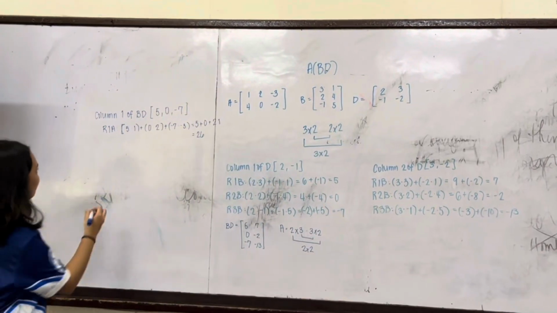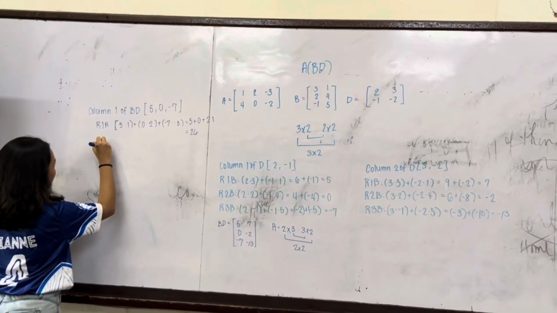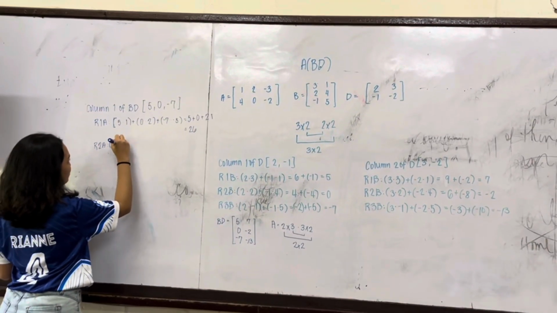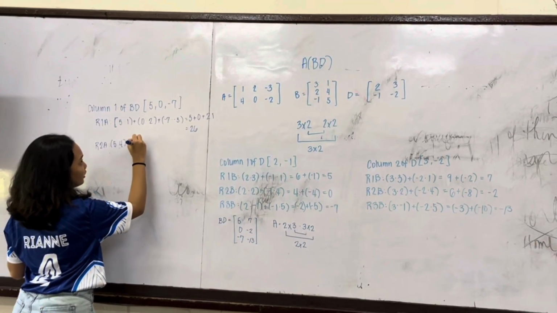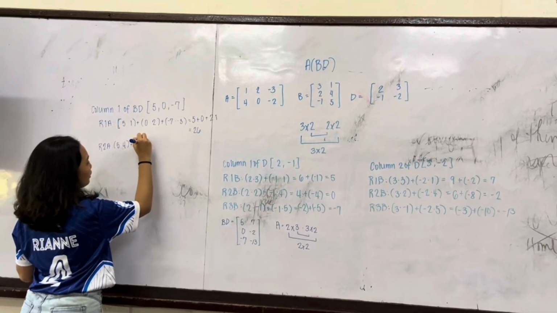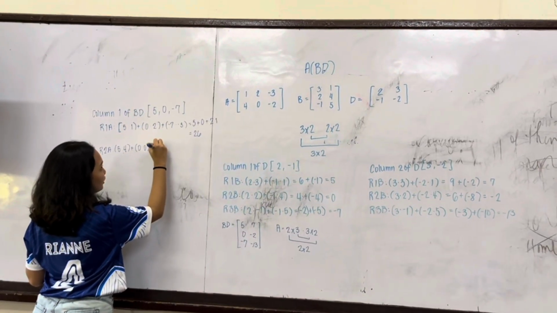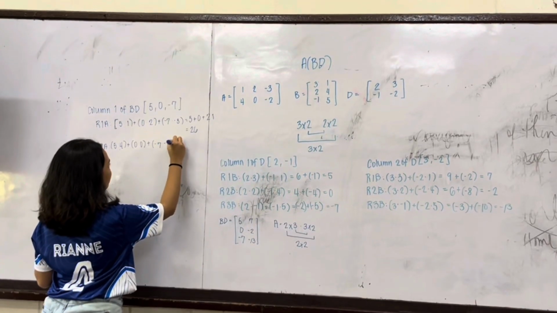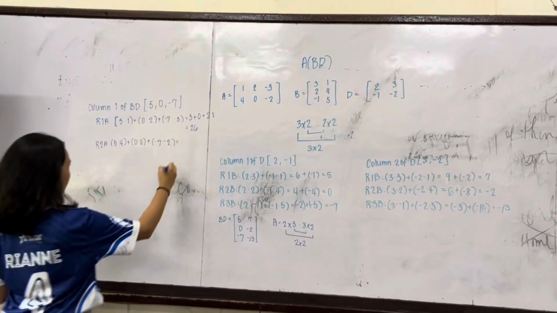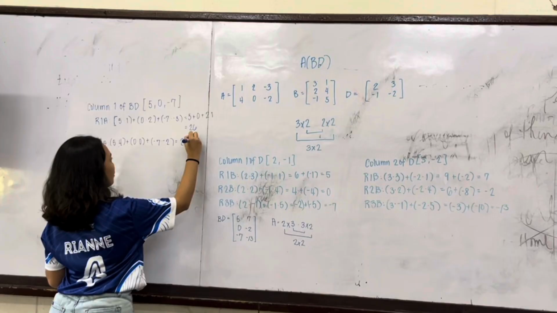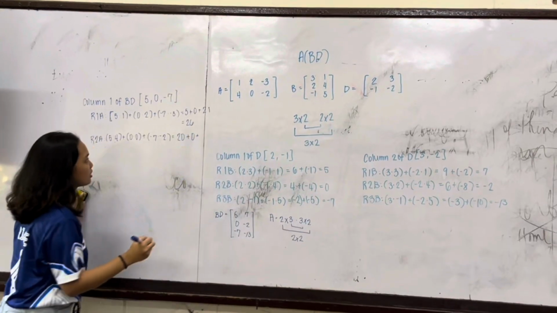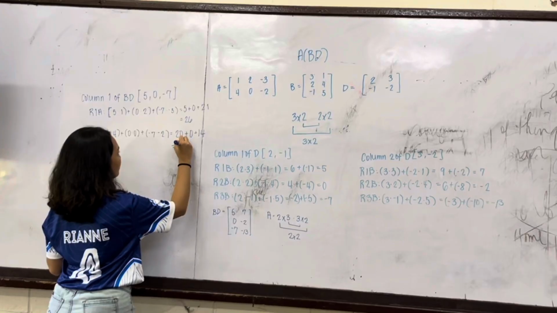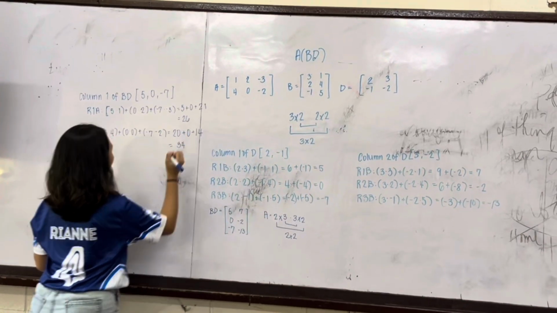Then we do the same for row 2 of matrix A. 5 times 4 plus 0 times 0 plus negative 7 times negative 2, which gives us 20 plus 0 plus 14, giving us 34.